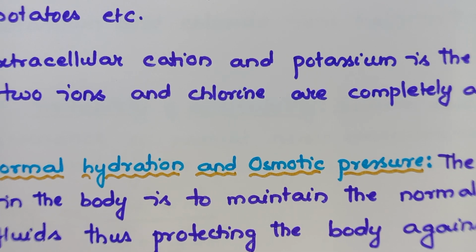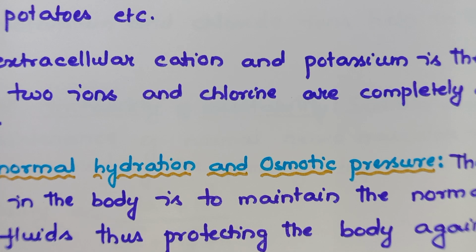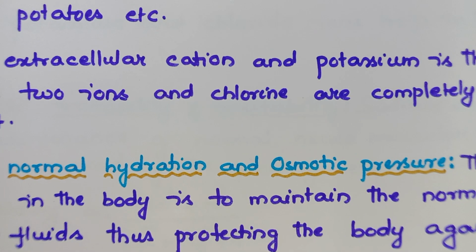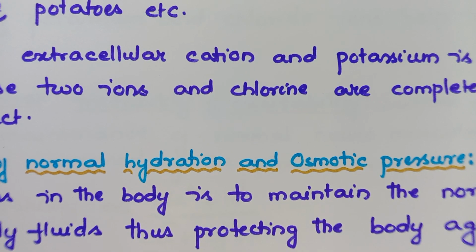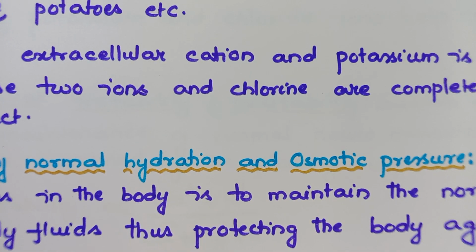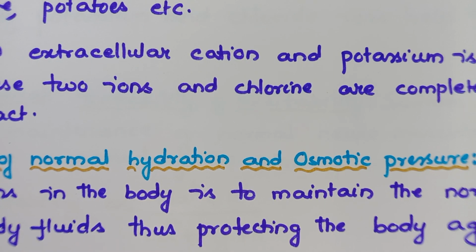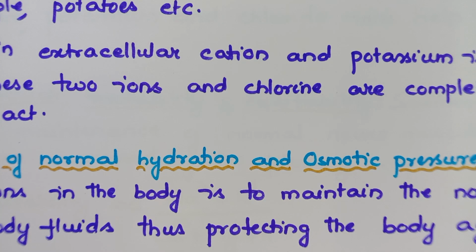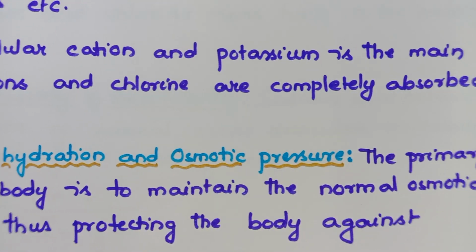The sodium and potassium ions mainly function to regulate or maintain the normal osmotic pressure of the different body fluids. By doing so, they protect the human body against excess loss of fluid. This is the main function of Na+ and K+ ions.